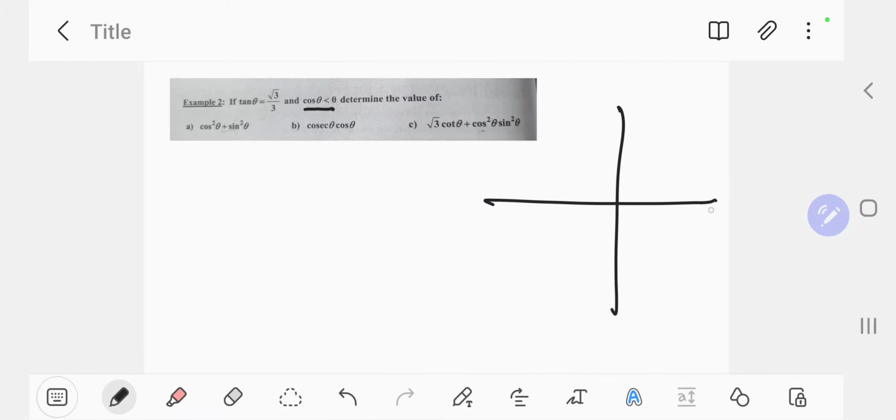So we know that cos is going to be negative in the third quadrant, and where tan is positive according to that information. So it means we're going to draw our diagram this side, and then we're going to have the angle theta there. So then we are done with the position of the diagram.